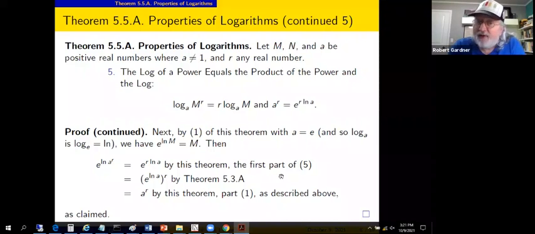First part of part 5 justifies that. Now we're dealing with an exponential. We know properties of exponential functions, so we're going to rewrite this as e to the natural log of a, to the r power. Under these conditions, you'd multiply exponents. Multiplying exponents here would produce this, theorem 5.3.a, again. So that's the equality there. Oh, wait, here we've got e to the natural log of a. That simply gives us a itself. That's what we were saying here. E to the natural log capital M equals capital M. And I replace capital M with lowercase a.